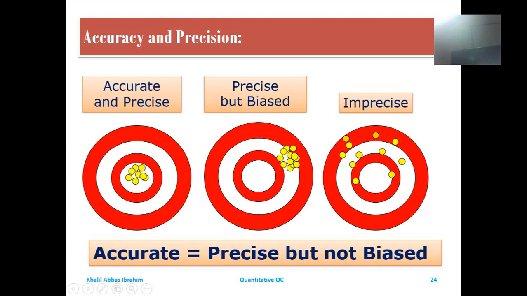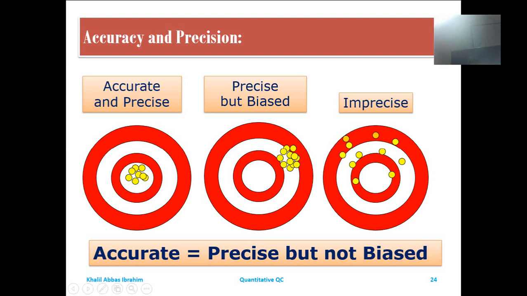So this shape indicates both accuracy and precision. It is the phenomenon accepted and that we are looking for to indicate the quality and effectiveness of the system adopted in the laboratory.